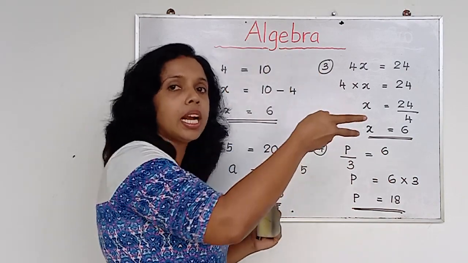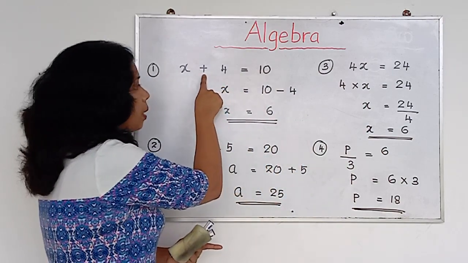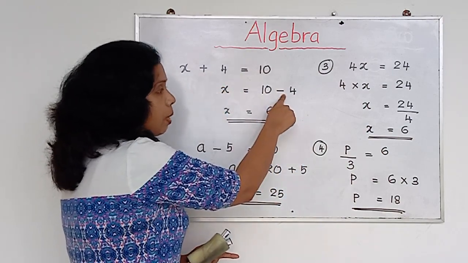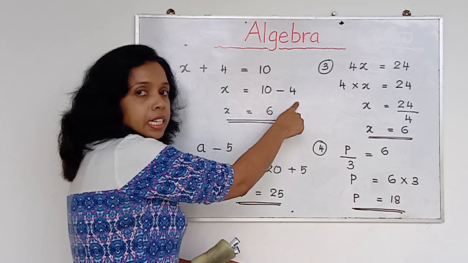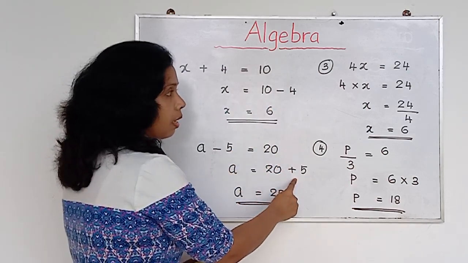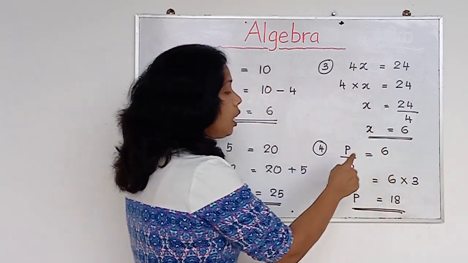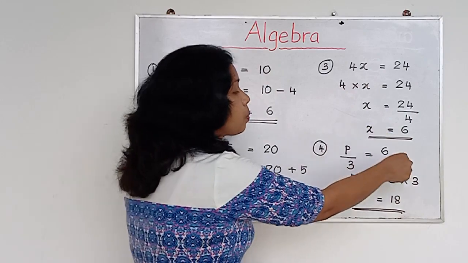When they are moving, they change the sign. They take the opposite. If it is plus 4, here it is minus 4. If it is minus 5, here it is plus 5. If it is multiplication by 4, now it is division by 4. If it is division by 3, now it is multiplication by 3.